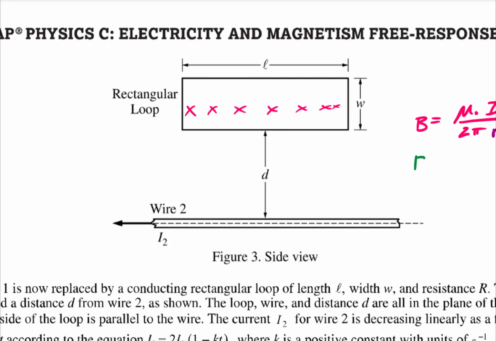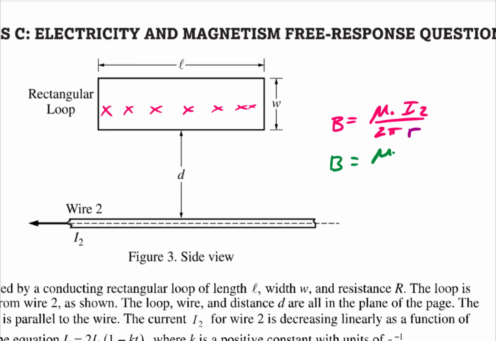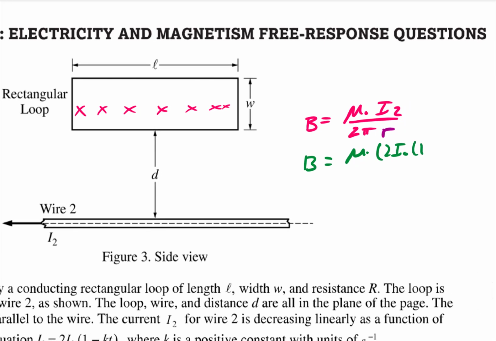So my magnetic field at this location with the current that they give me is mu0 times 2I0 times (1 minus kt) over 2 pi r, because that magnetic field is going to decrease in magnitude as we move in that direction.